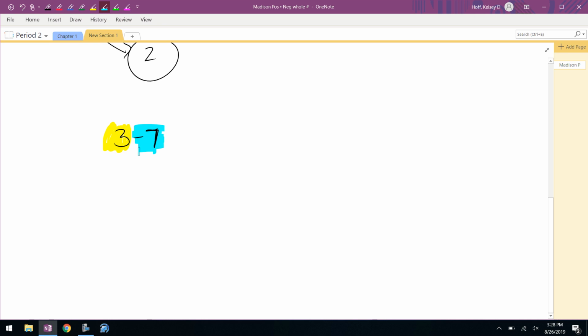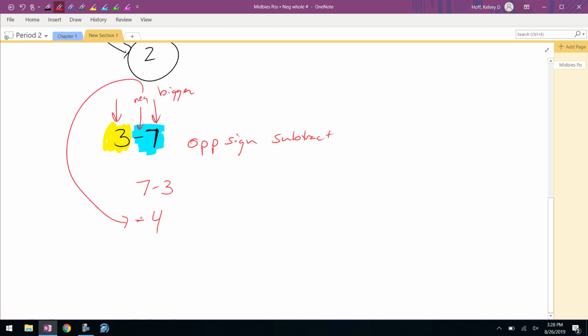My 7 is negative, which means they are opposite signs, which tells me really to subtract. So I take 7 minus 3, which is 4. Now, look at your original numbers, 7 and 3. Which number is bigger? Ignoring the signs, 7 is bigger, 7 is negative, therefore my answer is -4.